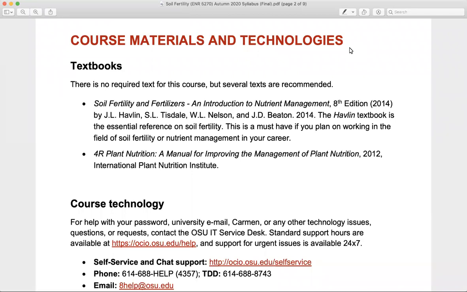It was updated in 2014, so that's getting kind of dated now, but a lot of that information is still highly relevant. Soil fertility is an old science, been around for a long time, and some of these concepts really don't change so much. So that's a great textbook. I strongly recommend you pick that up if you're able to, just as a supplement, not required.